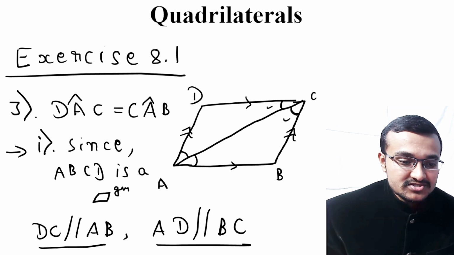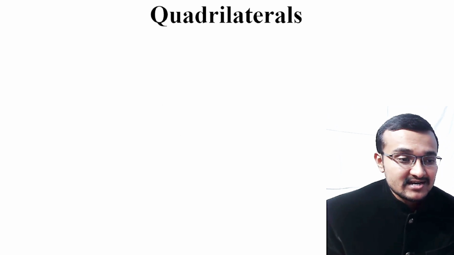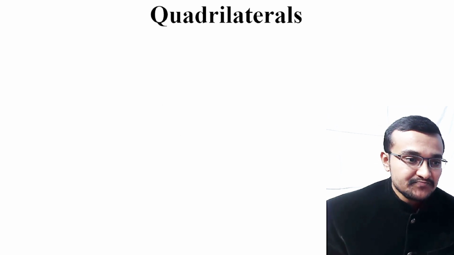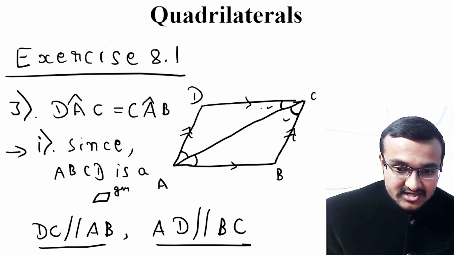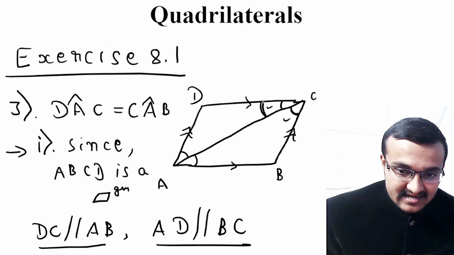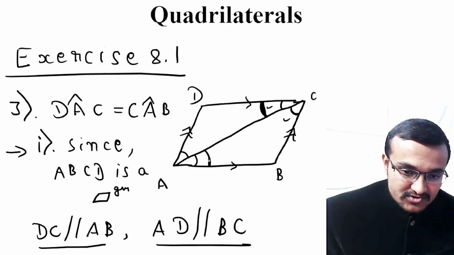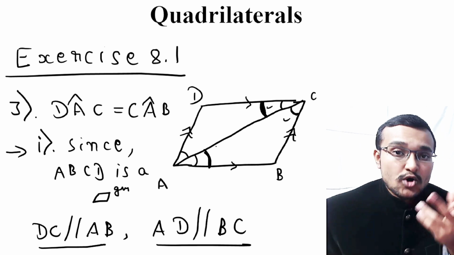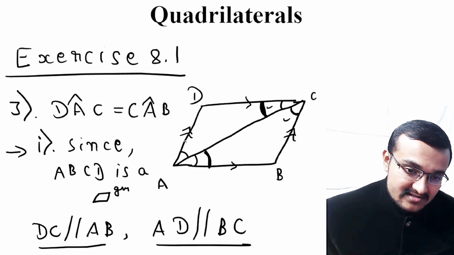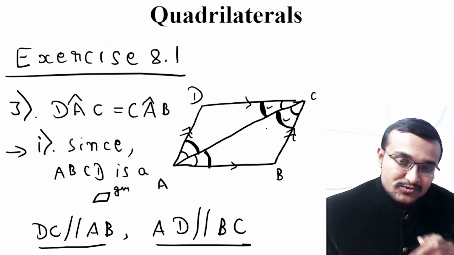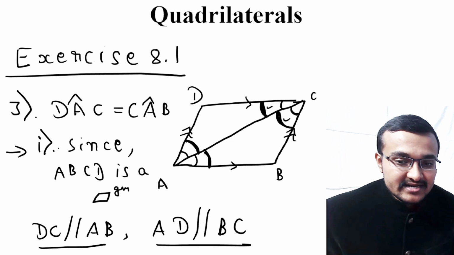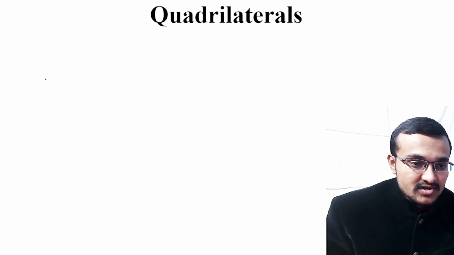Because DC is parallel to AB and AD is parallel to BC, this angle will be equal to this particular angle because they act as alternating angles, and this angle will be equal to this angle because AD is parallel to BC, so they also act as alternating angles.